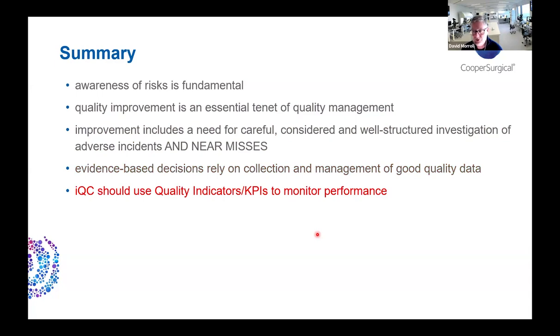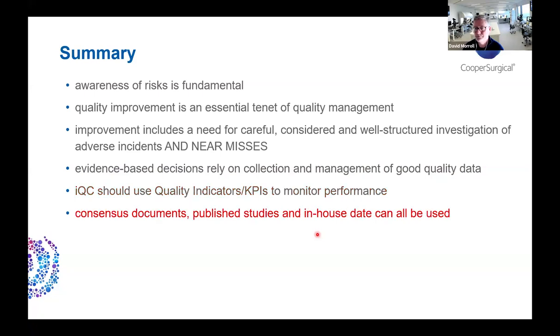Internal quality control should use quality indicators or KPIs to monitor performance. And we've talked about the outcome KPIs, but also highlighted structural and performance KPIs. We've also highlighted the consensus documents, published studies and in-house data can all be used. And the consensus documents, the two we've highlighted, are a good starting point.